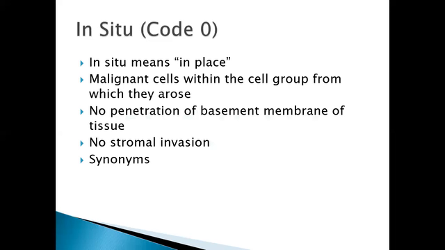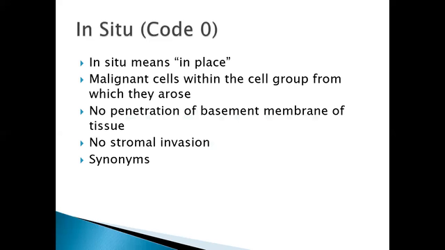You will see many synonyms for in situ listed for the different primary sites. So just pay attention to that. There are many different synonyms that do mean not invasive or non-invasive, not infiltrative, and things like that.